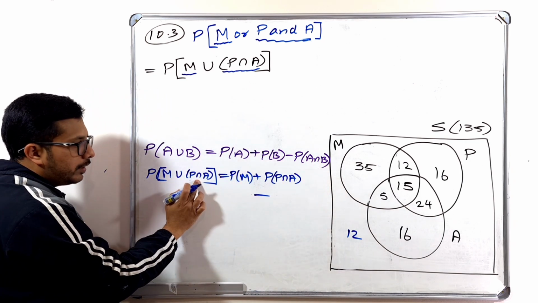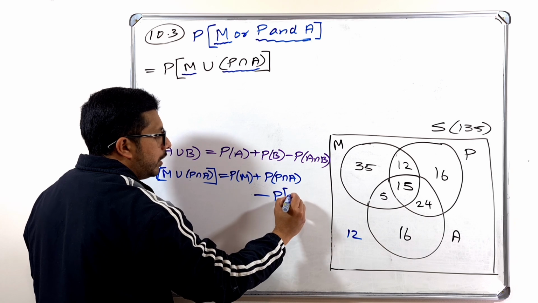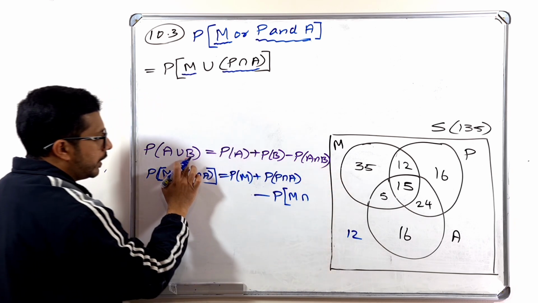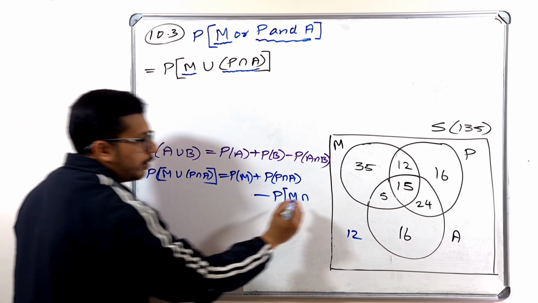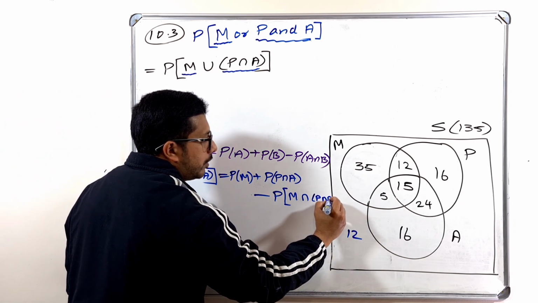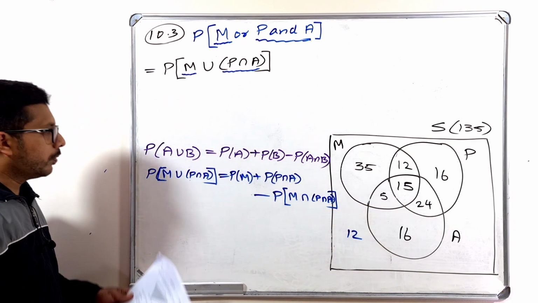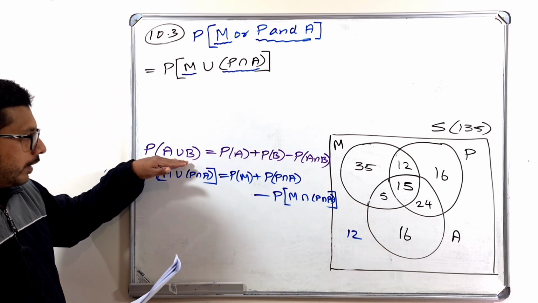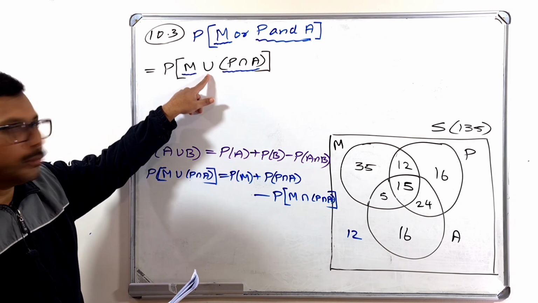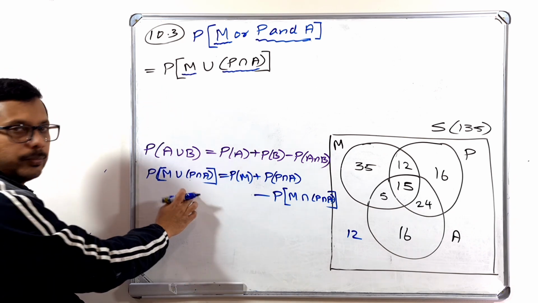This is our A and this is our B. So how can we write probability of M intersection B? B is the second term. Here the second term is physics intersection accounting. Okay, so we can write it like the addition rule, the same thing, because here it is union of two events. So let's write it there, the same thing once more.